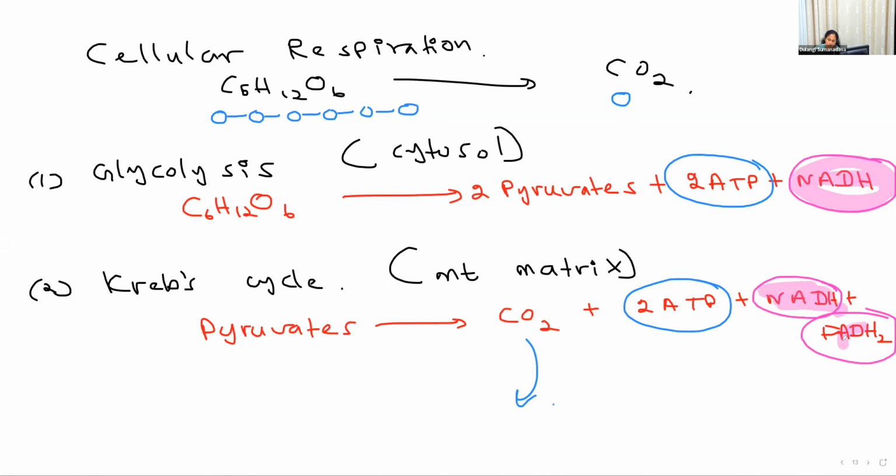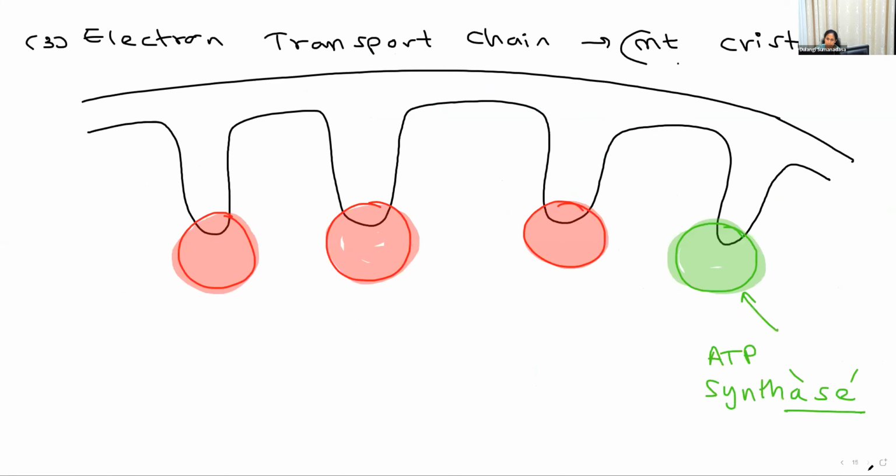So these are the sources. All these coenzymes we have created so far are going to come from the matrix towards the cristae.